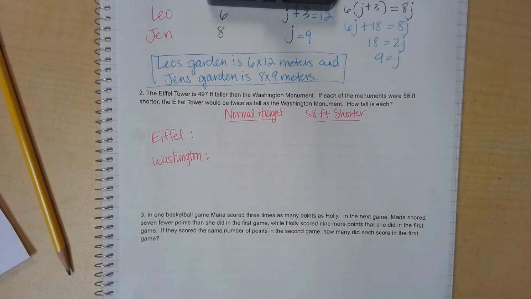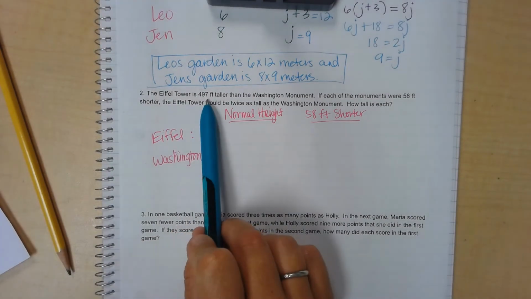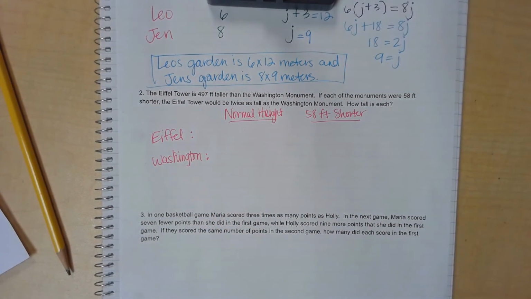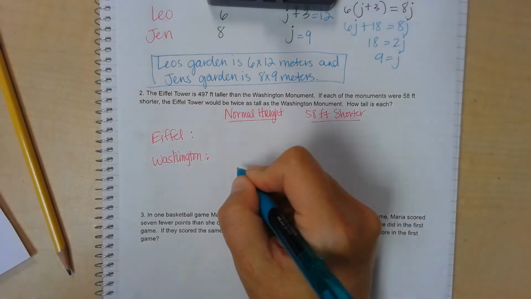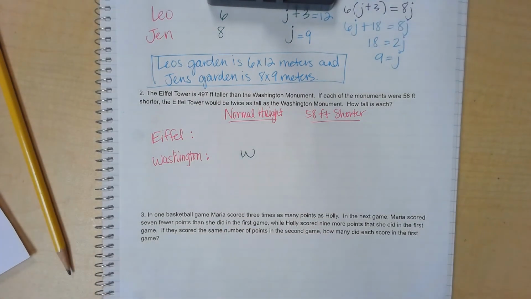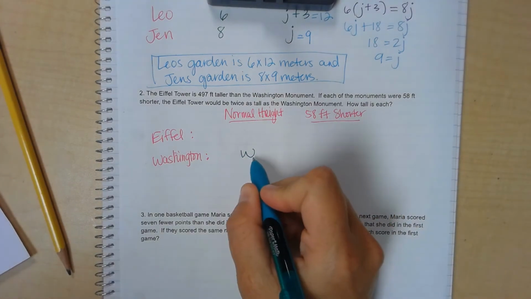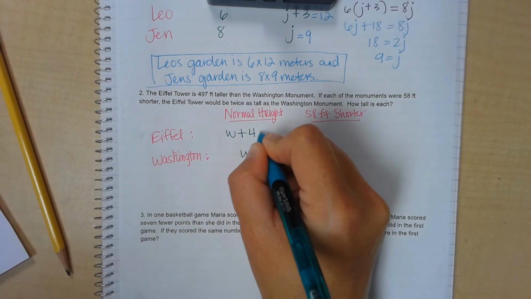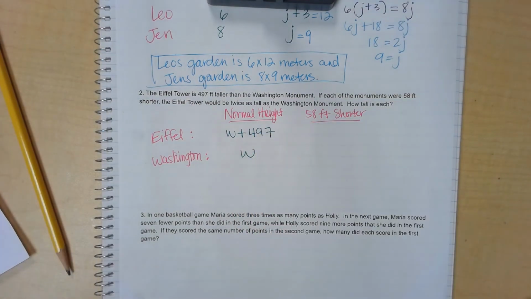Okay, so let's see what you did. So it started with the Eiffel Tower is 497 feet taller than the Washington Monument. So the one that I would make the variable probably is the Washington Monument, because that's the one that the Eiffel Tower is being compared to. So that would be W, and then this one would be W plus 497.